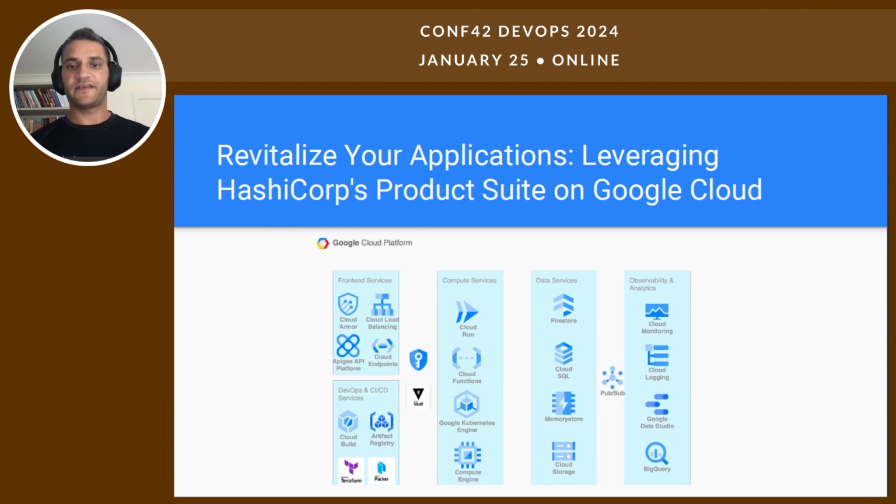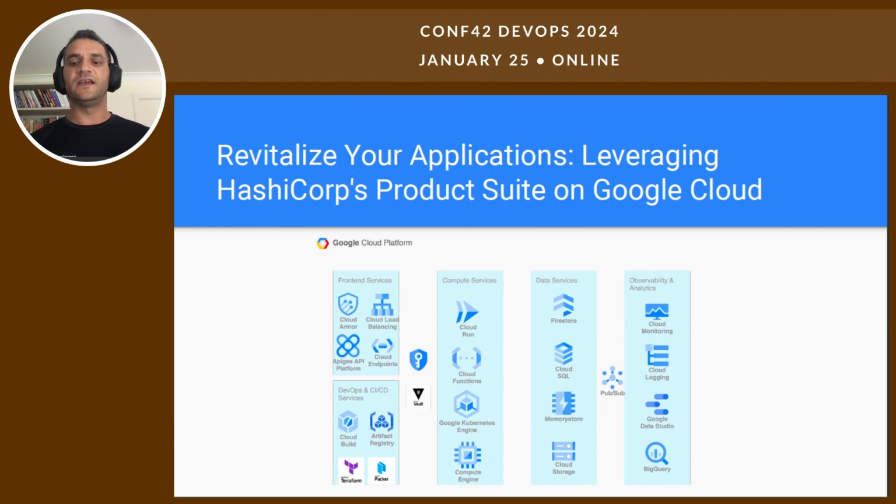Event-driven interaction using services like Pub/Sub or Eventarc. Then at the very far right, we have Cloud Operations Suite utilized for application observability. And then we have tools like BigQuery and Google Data Studio for analytics purposes.